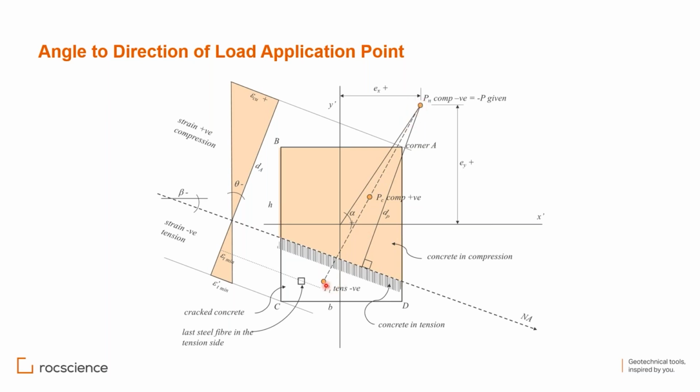They all lie on the same line, and these three should be in equilibrium. These two are the internal forces, and this is the external. All these have been taken into consideration, and they are very well formulated in RSPile.